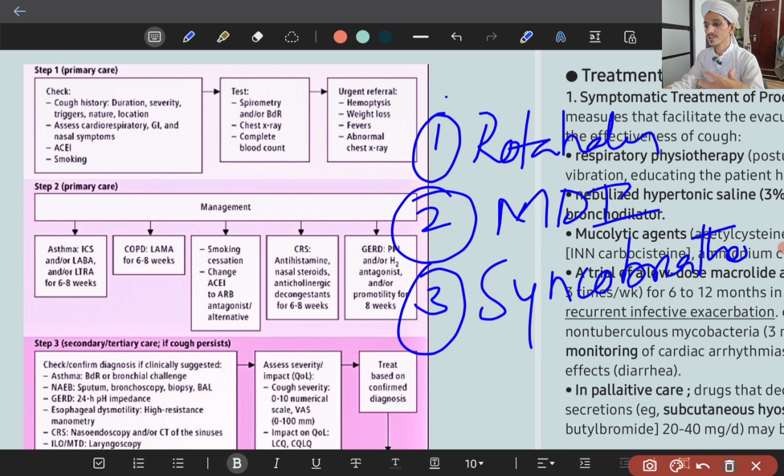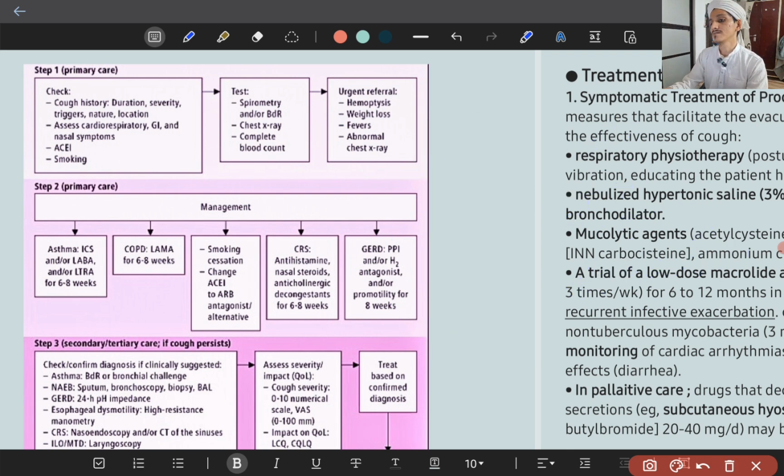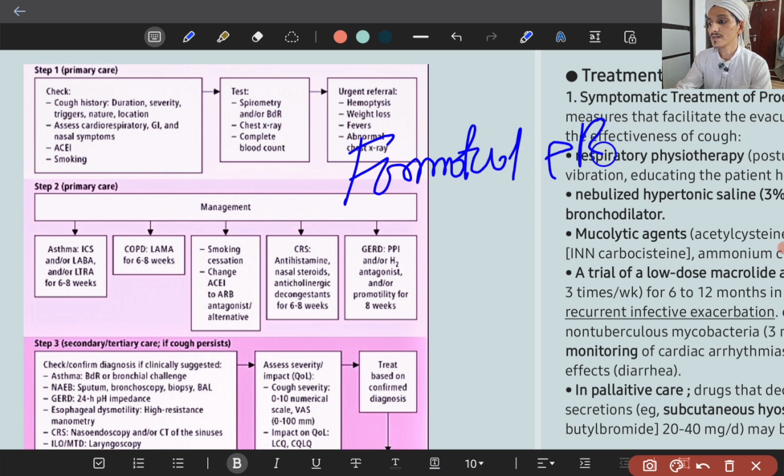The most common Rotahaler or multi-dose inhaler used is formoterol plus budesonide combination, available as Foracort in the market.